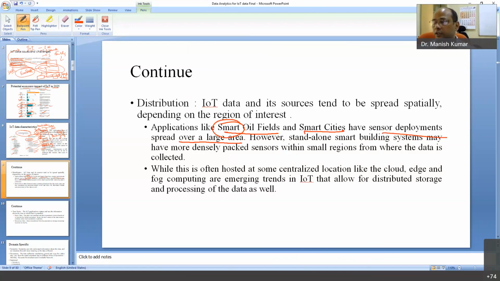That means we are not constrained to a small area or a building or office. Okay, compared to smart building systems, which are a collection of very dense sensors closely deployed, obviously those data might have high correlations compared to the data you are collecting from sparse sensors across a larger area of the domain.